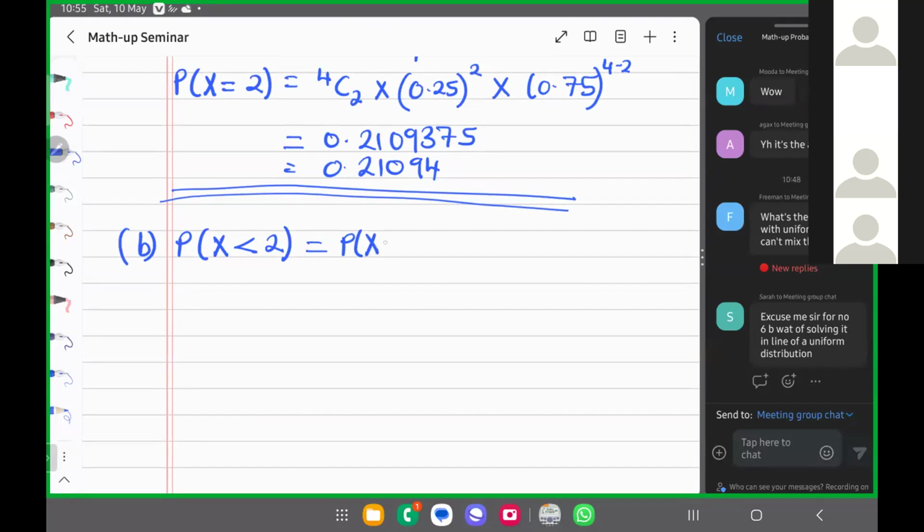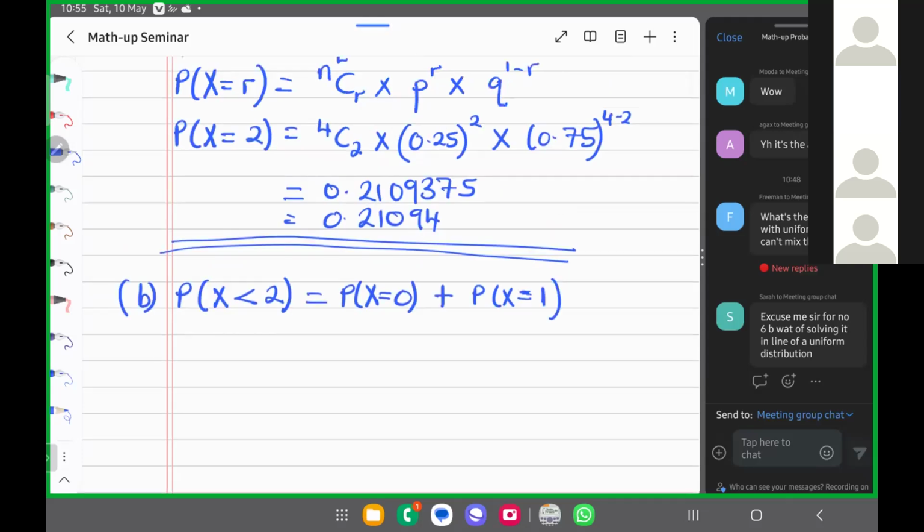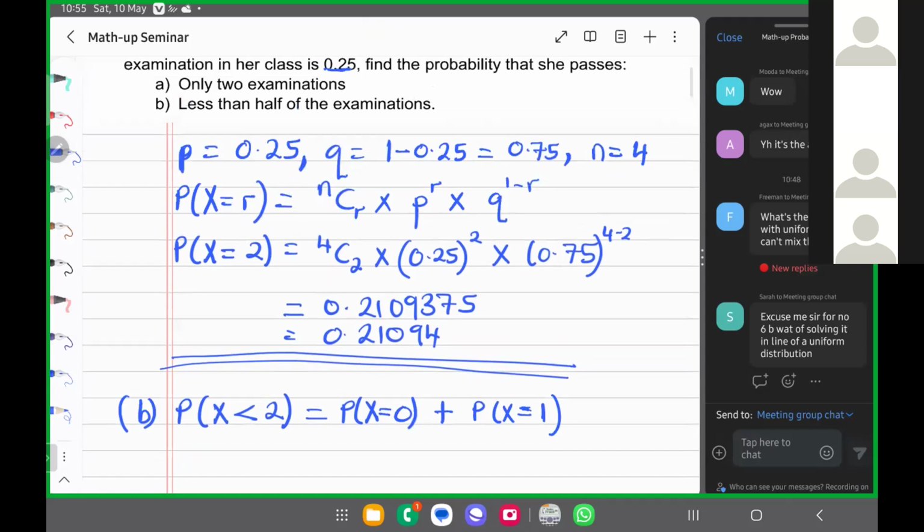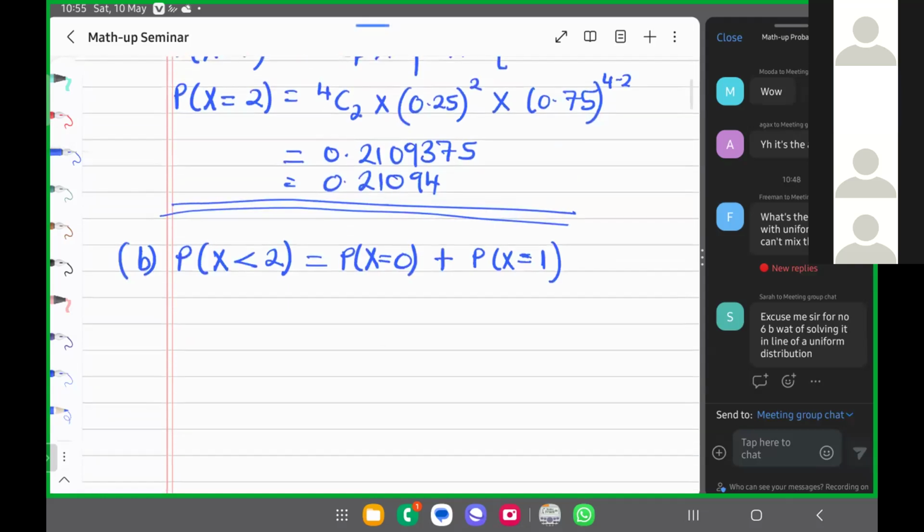You can pass one examination, or you may not pass at all. So we also have to consider 0. We shall get the probability of X being equal to 0 plus the probability of X being equal to 1. Those who have logbooks, you can read off these values. I don't have a logbook, so I'll just calculate. But both options carry the same marks.